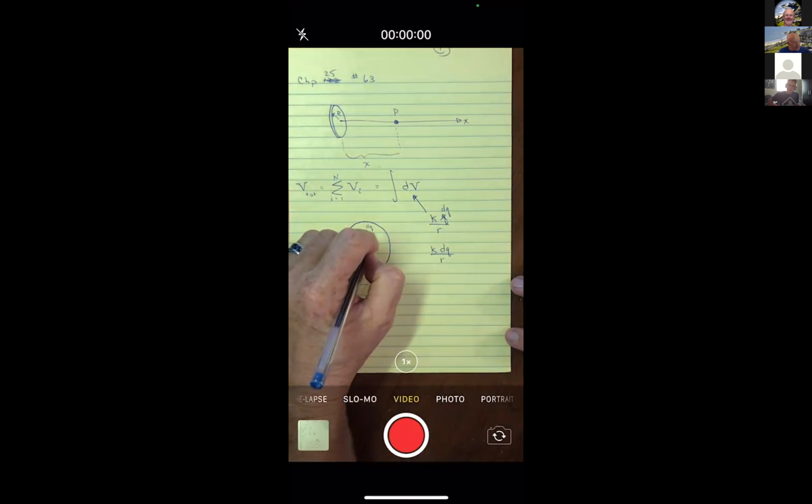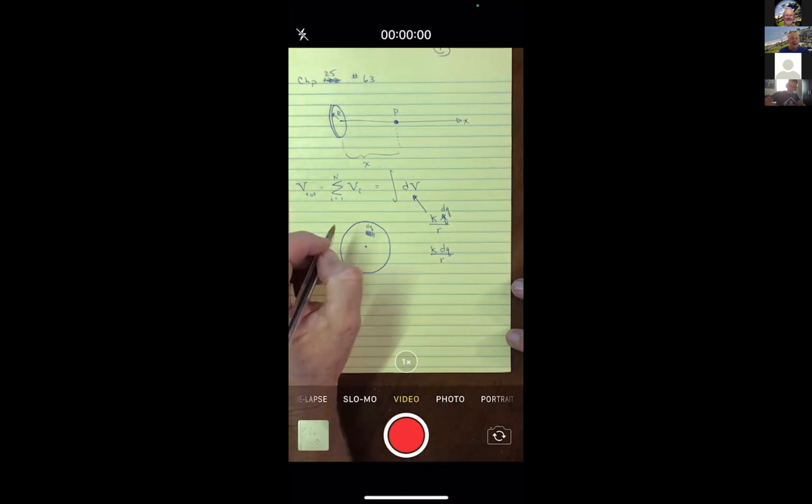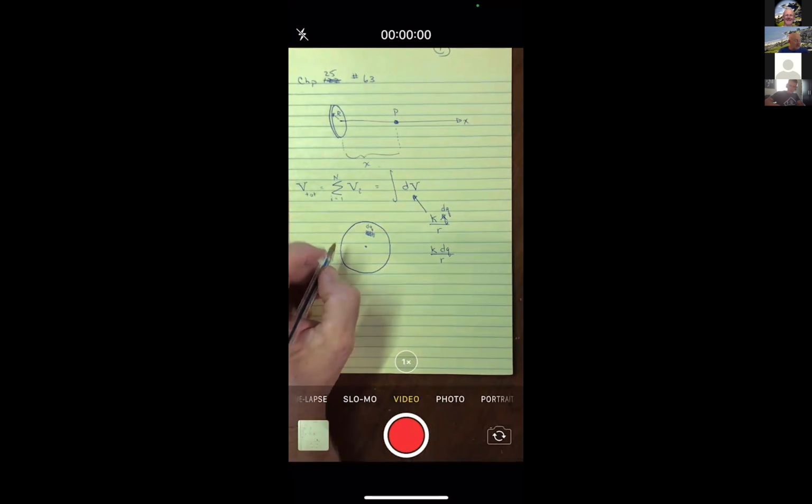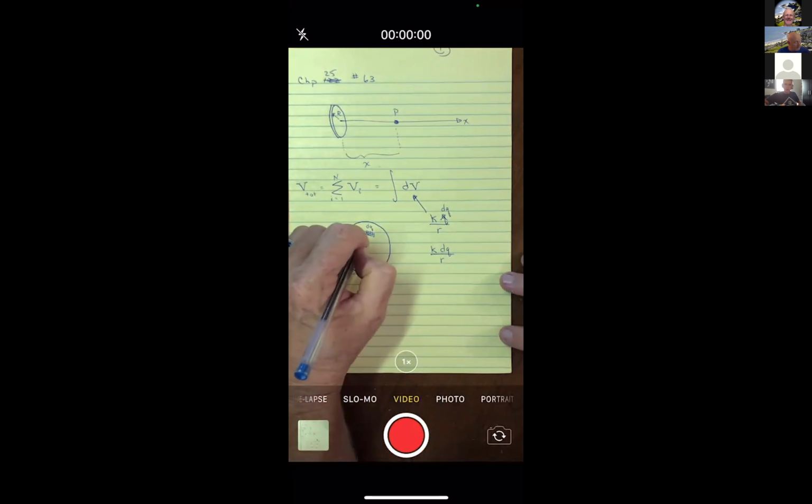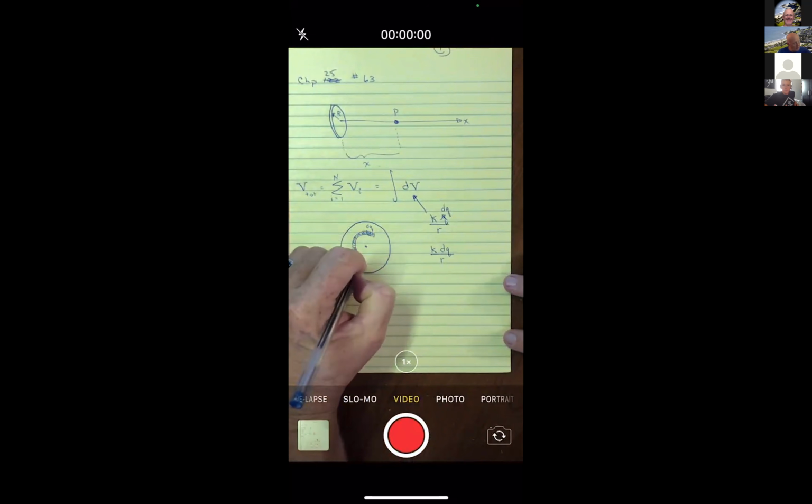And then I'm going to add another dq. Now I see something clever here. What if I added all the dq's that made kind of a ring around it?